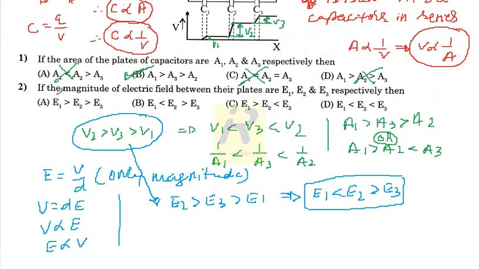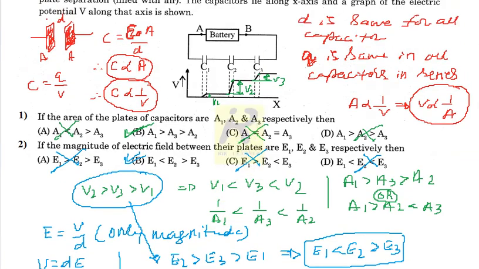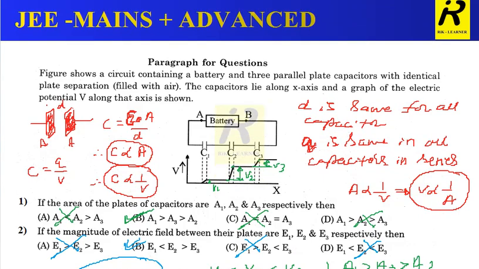E1 is less than E2 is not here in some options, and it is here as well as here. Now think about the relation between E2 and E3. E2 is greater than E3, but here E2 is less than E3, which means this is wrong. So E2 is greater than E3 is correctly said here. That means in this question, the correct options are B and B for questions 1 and 2 respectively.